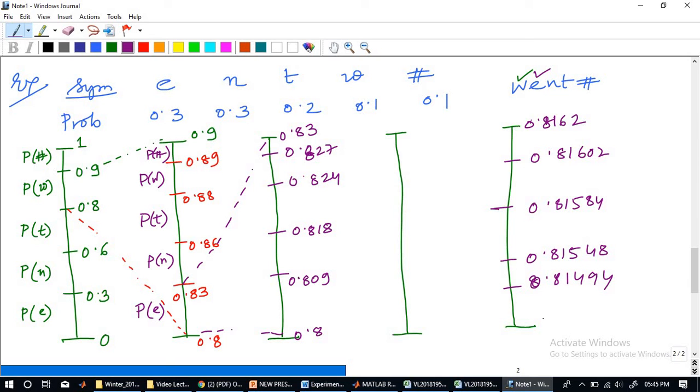So these are the values you should be getting if you have done it finally.